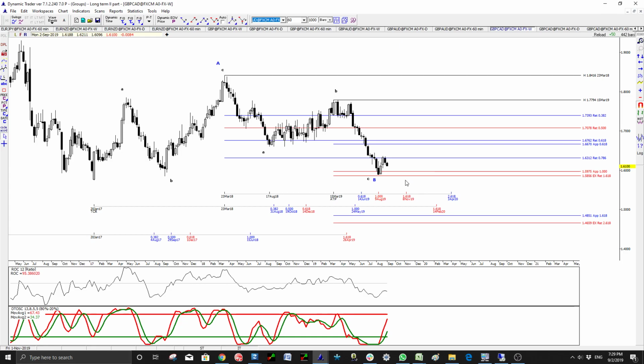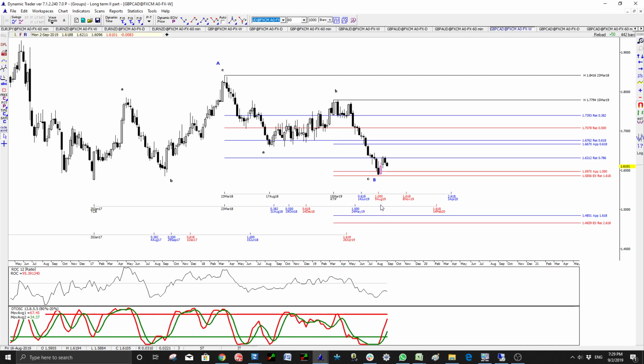Moving forward, pound CAD building a bottom here for the B wave. ABC subdivision done, so ABC of B done. Candlestick bar engulfing pattern. Then we have the price levels getting reached.